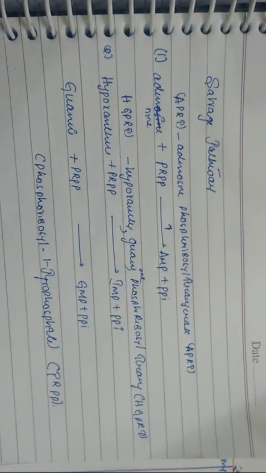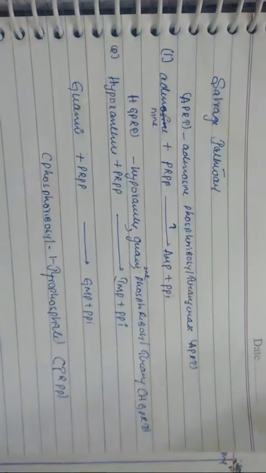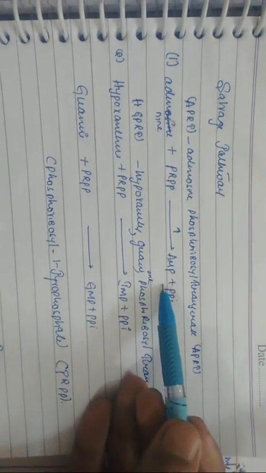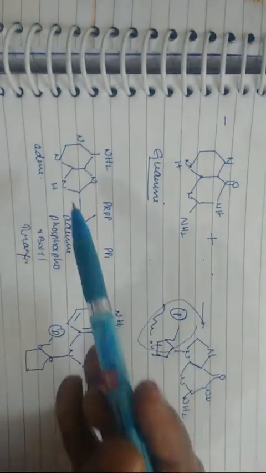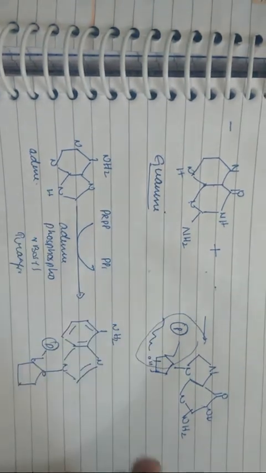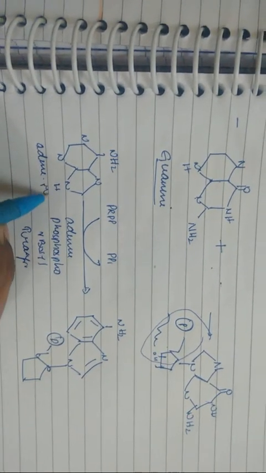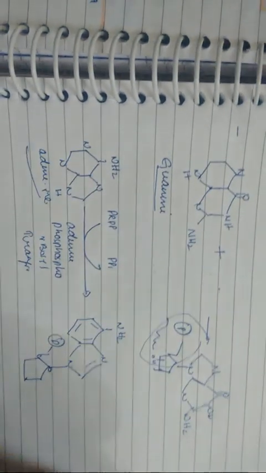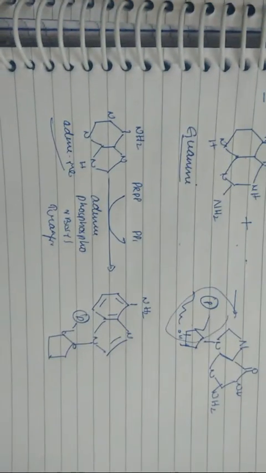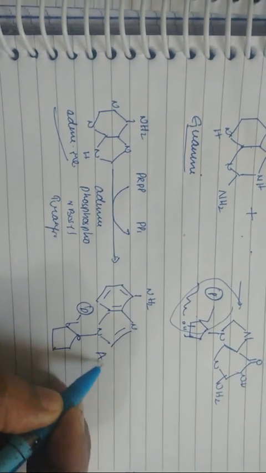So now let us understand the concepts of salvage pathway. The first one is adenosine is converted into adenosine monophosphate. If I show you the structure of adenine, you can see the structure of adenine here, a purine, and it is converting into AMP, adenosine monophosphate.